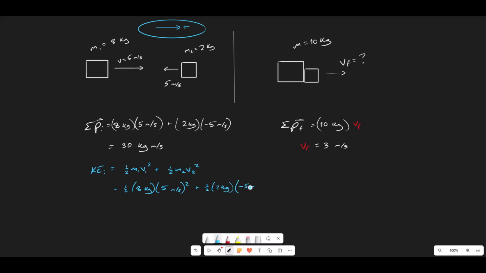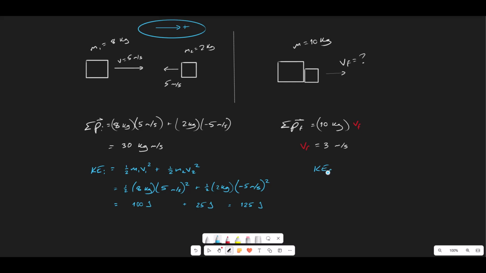I've got a velocity of negative 5 meters per second, but I'm going to square it anyway. I'm only worried about the speed. 5 squared is 25 times half of 8, so 25 times 4, that's 100 joules. 5 squared is 25 times 1 is 25 joules. I have 125 total joules of energy to start with.